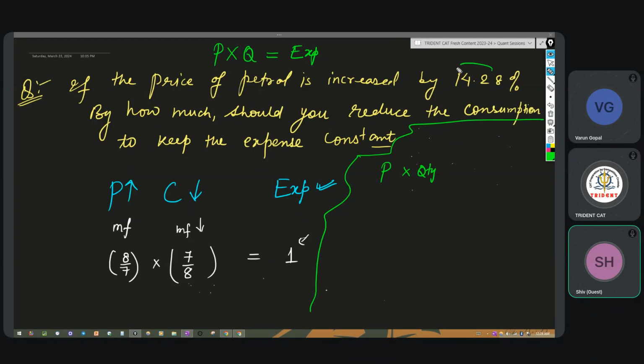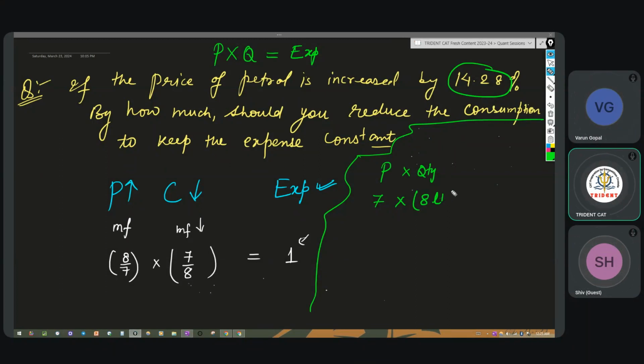Because it is 14.28%, instead of taking the numbers as X or Y, I will just take the number as 7 itself, because it's 1 by 7. Multiplying this by 8 liters.